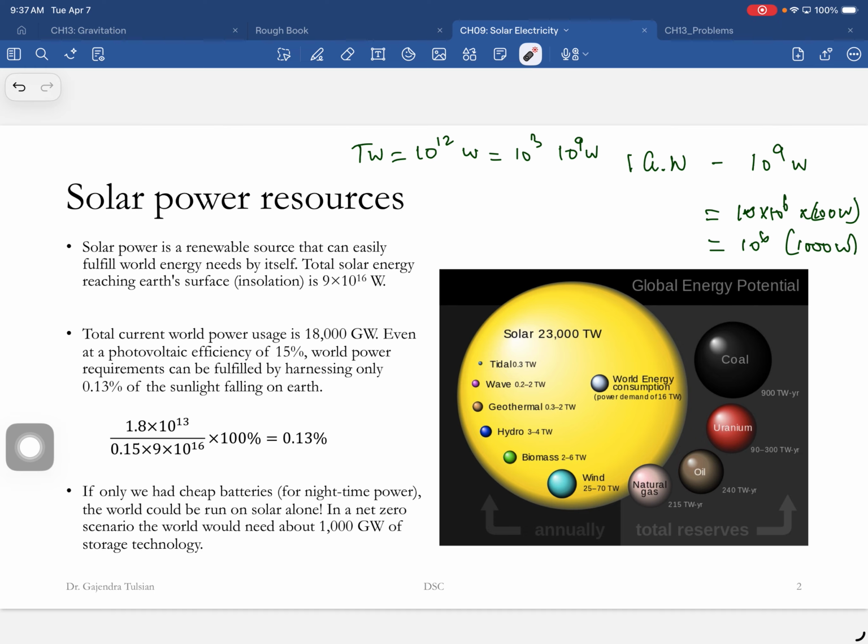What this number tells you is, see, this is 900 terawatt years. This is 16 terawatts.